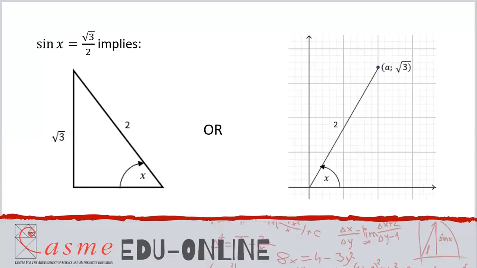Now, if I'm using Cartesian coordinates, I know that I've got an angle that is x. And my r, because I know that the sine, if I define it using the Cartesian plane, it's given by the y coordinate over r, which is the distance of the point from the origin.